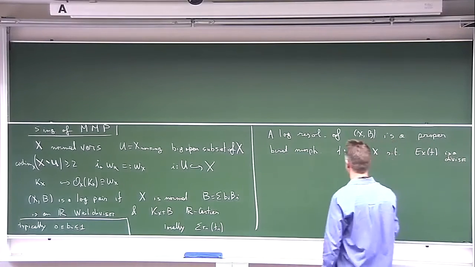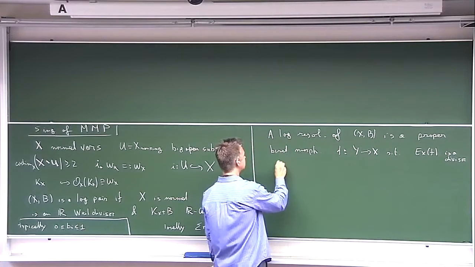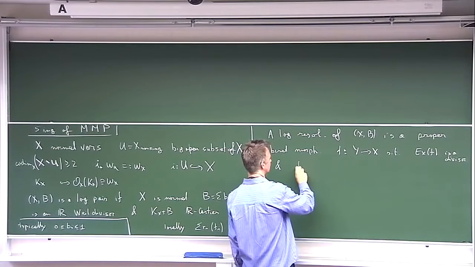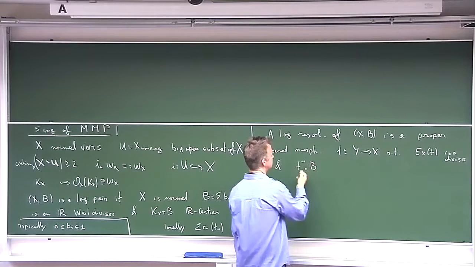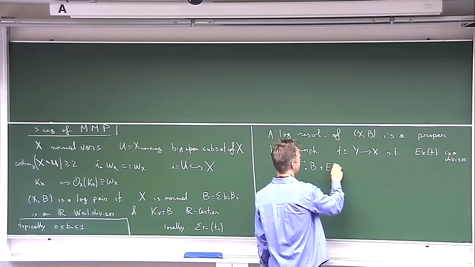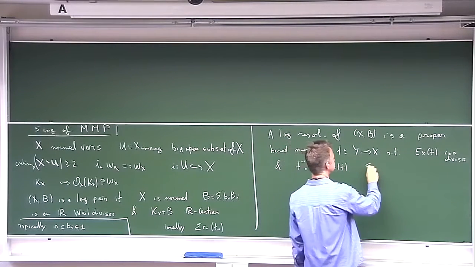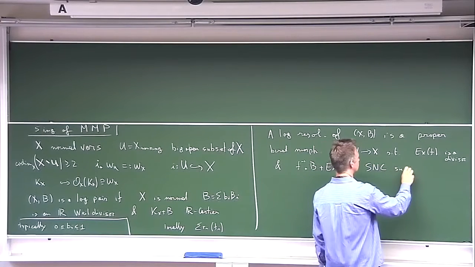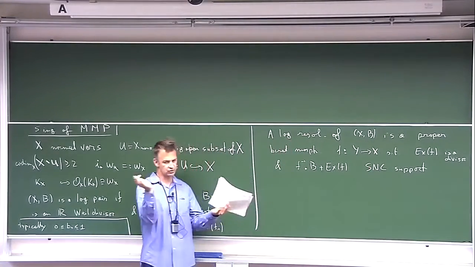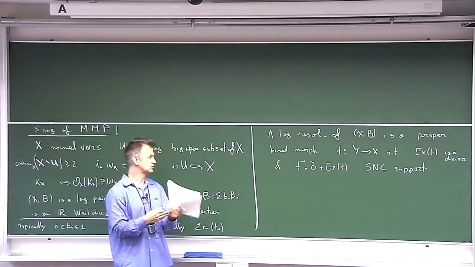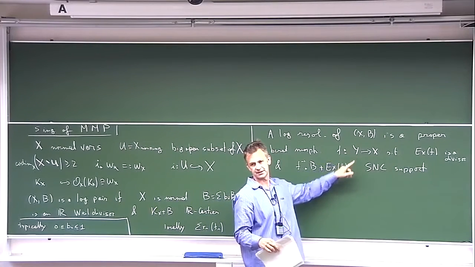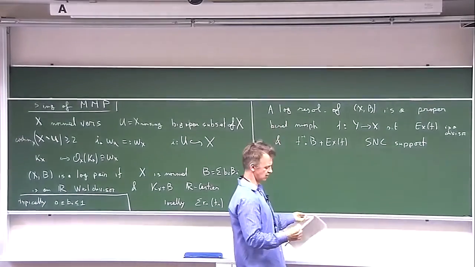So in particular, it has to have codimension 1. And when I look at the proper transform f^{-1}_* of B plus this exceptional divisor, this has to have simple normal crossing support. And I really mean simple normal crossing this time: each component is a smooth divisor, and they intersect transversely. I didn't say it, but it should be clear that Y has to be smooth in this picture too. Okay, so that's a log resolution.